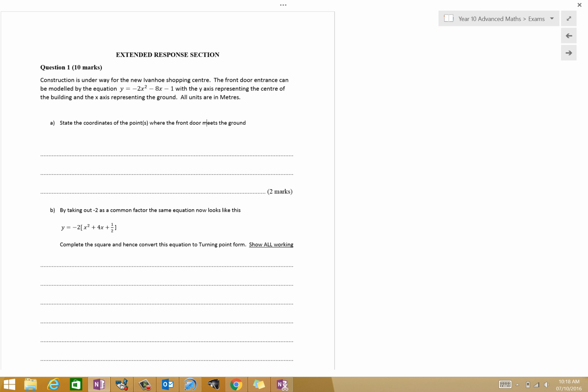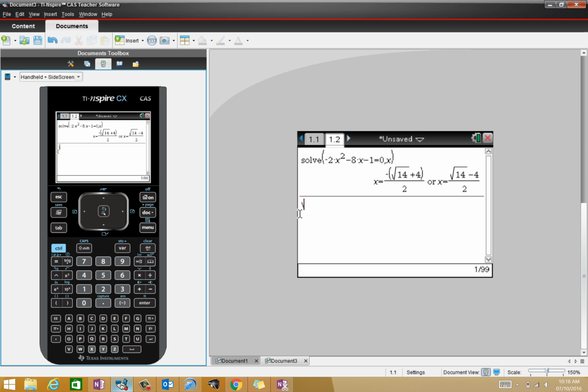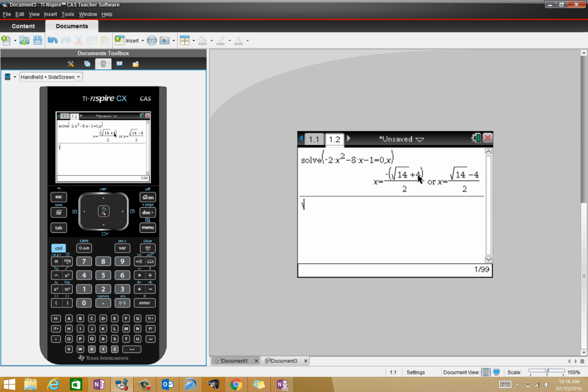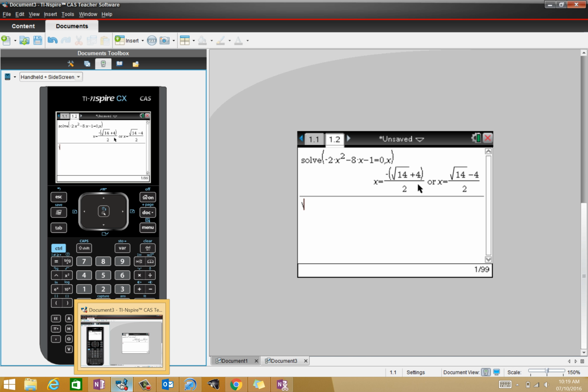And the only exact value is root 14 minus 4 on 2. So root 14 minus 4 on 2, comma 0. That is one of them. And then the other one, it doesn't have to look exactly like that, is negative root 14 plus 4 on 2.